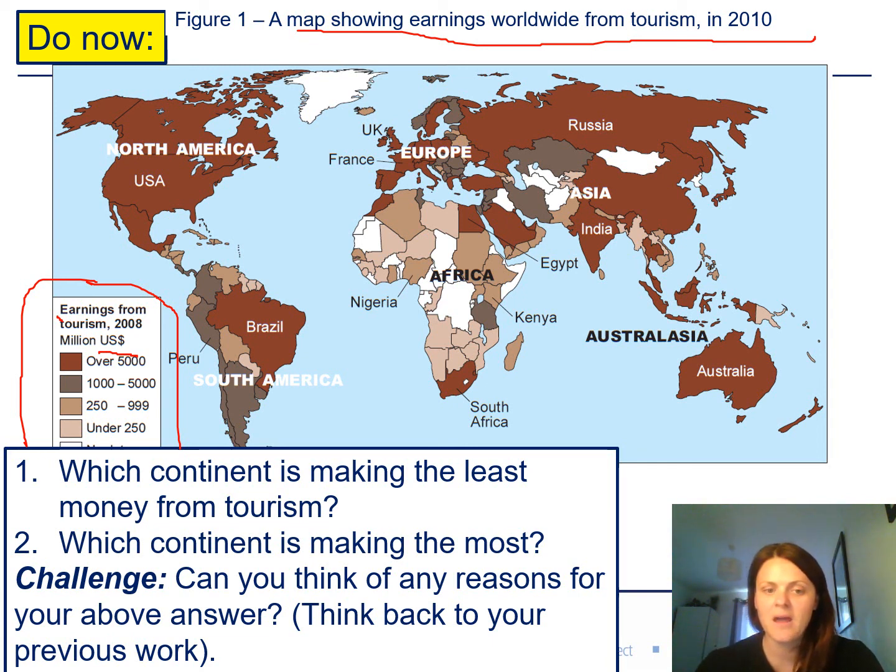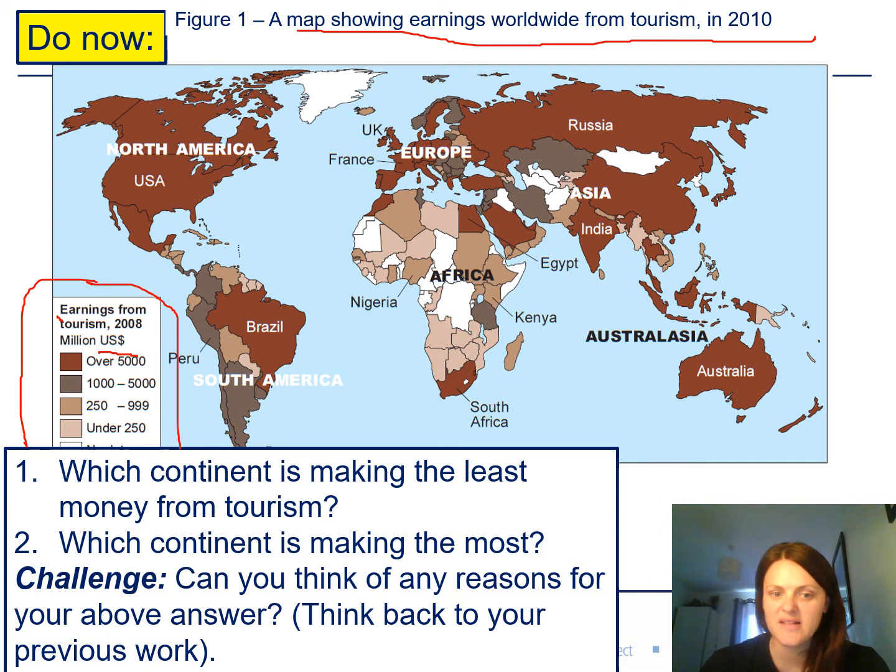So, first of all, which continent is making the least amount of money? Okay, if you can see that, write it down. Which continent is making the most? And then the challenge, can you think of any reasons why?